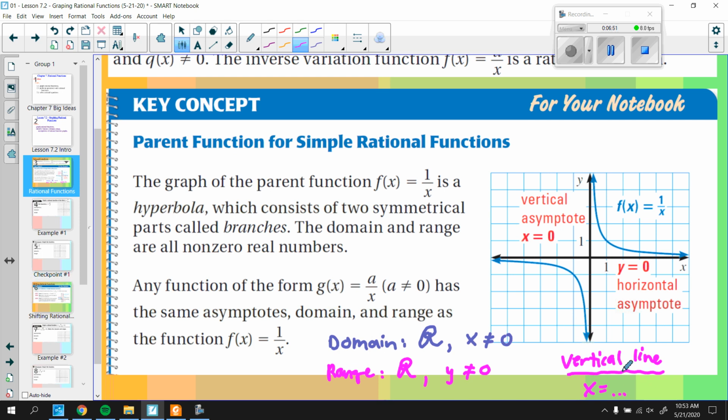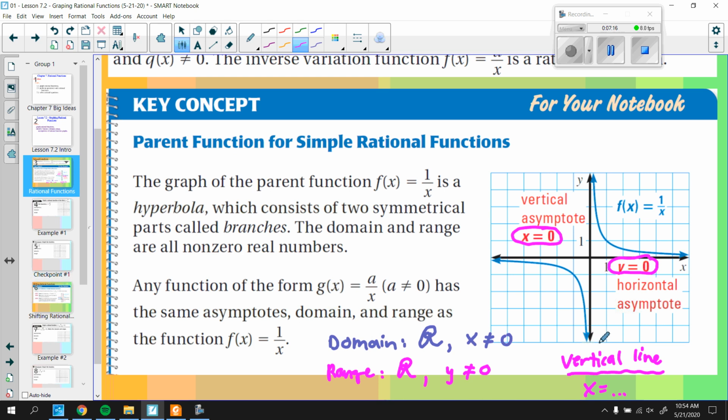In our case, for the parent function, that's why we're saying there's a vertical asymptote at x equals 0. It's totally connected: your domain, your vertical asymptote, your range, your horizontal asymptote. Don't read more into it than it is, but I do want us writing it as an actual equation. Like that is the equation of the x-axis right there, y equals 0.